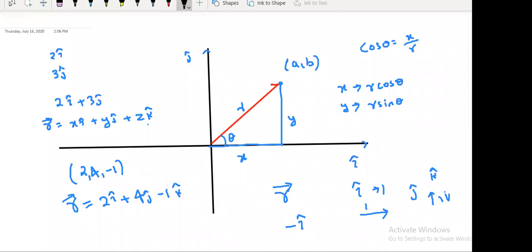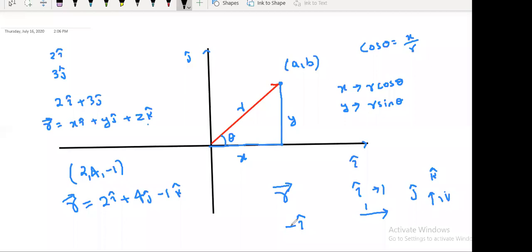You represent it by dash. X dash means negative axis. We just say it is negative x axis.